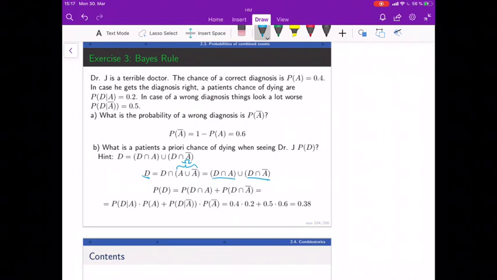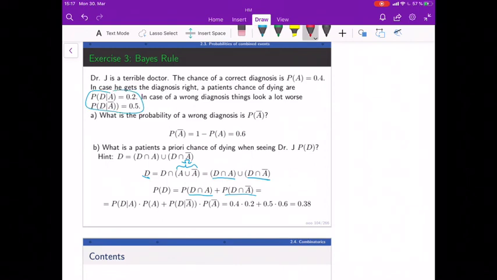Just a little trick. And then obviously the chance of dying is the probability of dying with a correct diagnosis plus the probability of dying with a false one, and then those I can expand with Bayes' rule, and those are the ones that have been given here in this example, and we can put the numbers in.